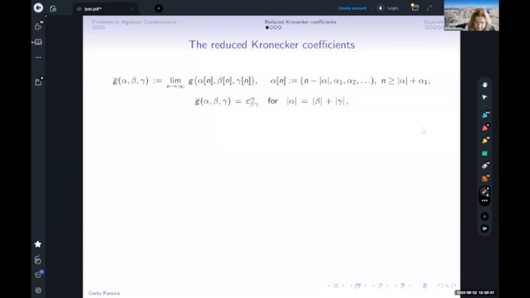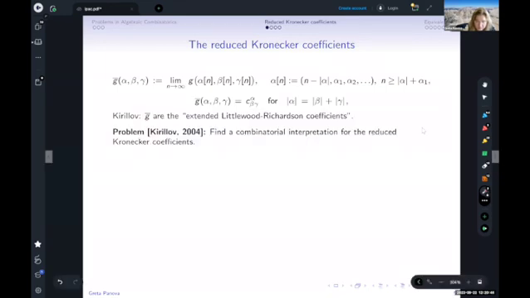Then Kirillov called these reduced Kronecker coefficients the extended Littlewood-Richardson coefficients, because obviously they generalize the Littlewood-Richardson coefficients and look like them in some broad sense.